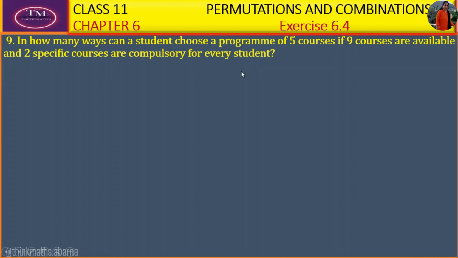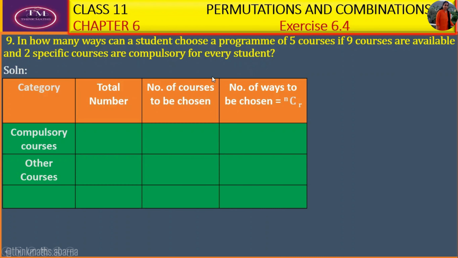Now, if we frame a tabular column, it will be easy. The courses can be classified as compulsory courses and other courses. How many compulsory courses are there? If 9 courses are available and 2 specific courses are compulsory, there are 2 courses which are compulsory.